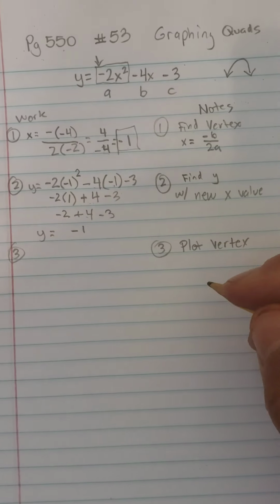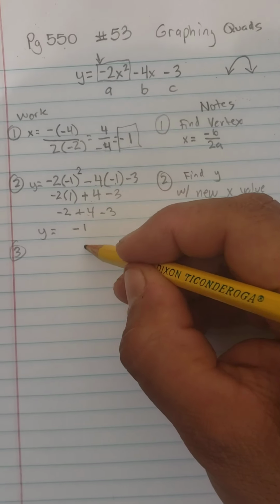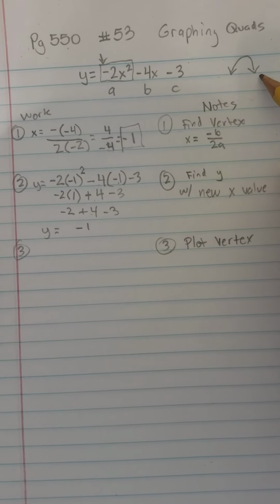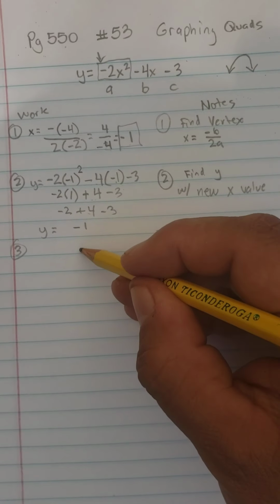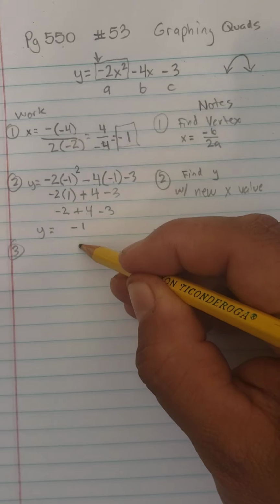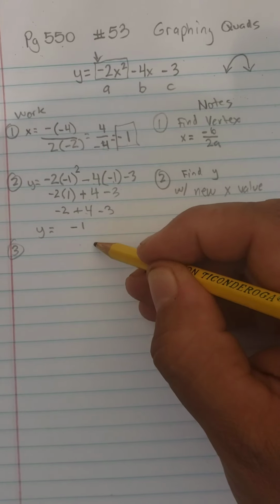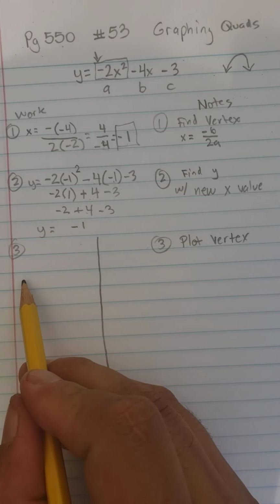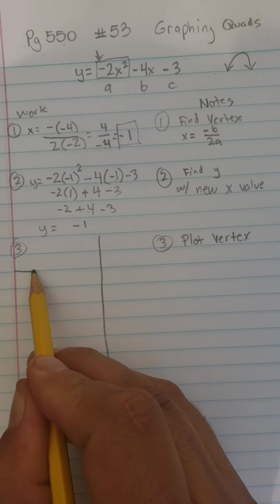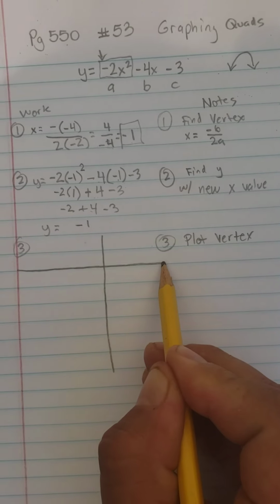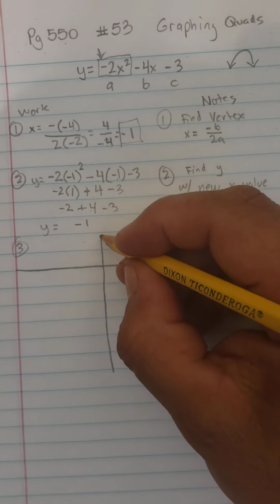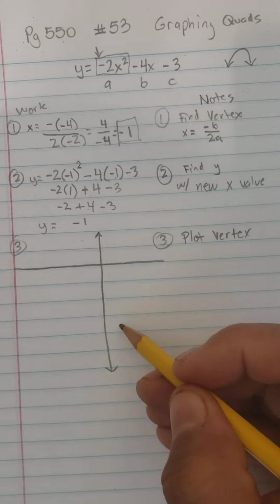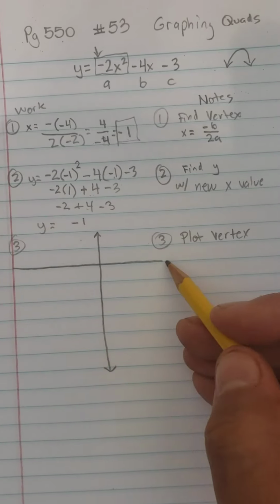All right. So I'm going to go ahead and draw my graph, and we notice that our parabola is going downwards. So I'm going to go ahead and draw a straight line this way, and I'm going to draw my x coordinate a little higher, because we know our parabola is going to be somewhere around here below the x line.